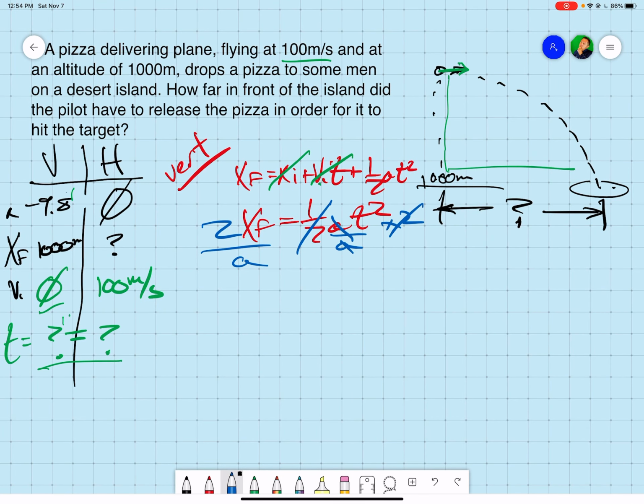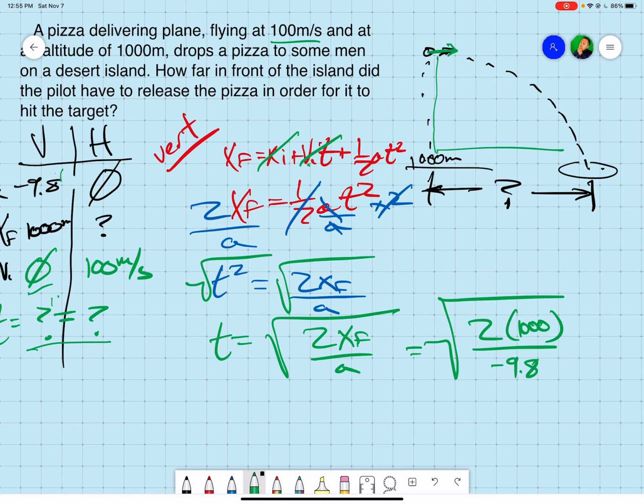Now, that's going to give us a problem, right? Because I have a square root of a negative number. That doesn't make sense. But really, it fell down 1,000 meters. So that means that is a negative number as well. If gravity pulls down and we make gravity negative because it's pulling down, the downward distance of 1,000 meters is also negative.